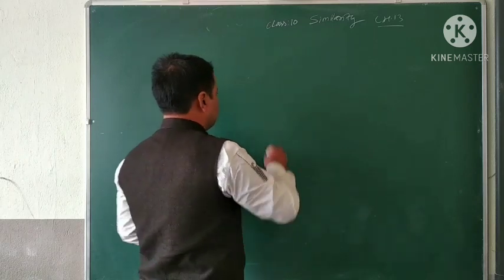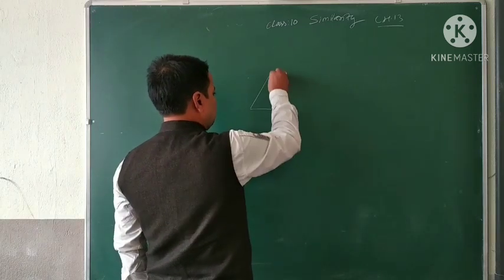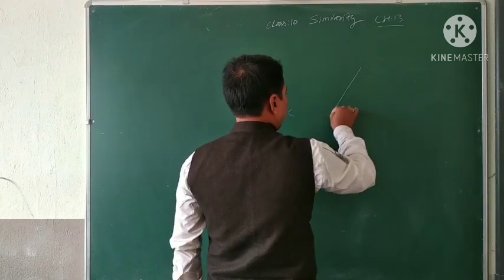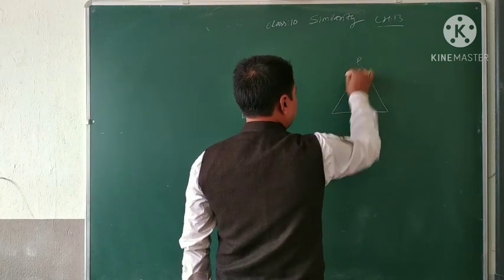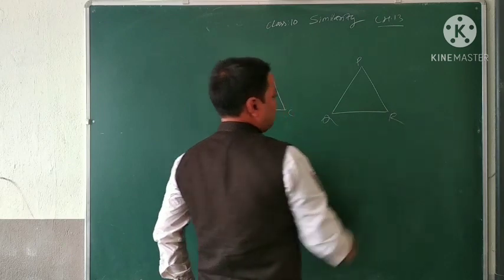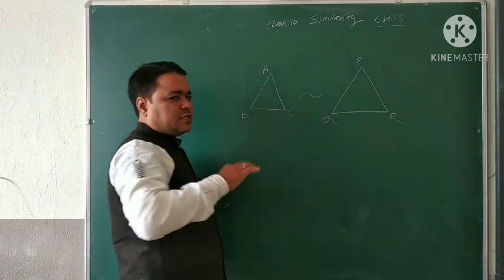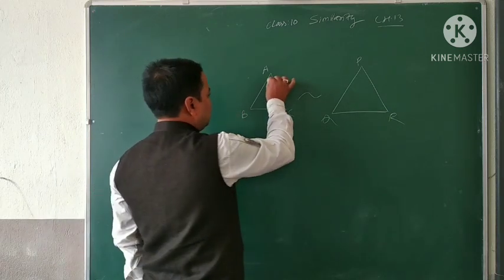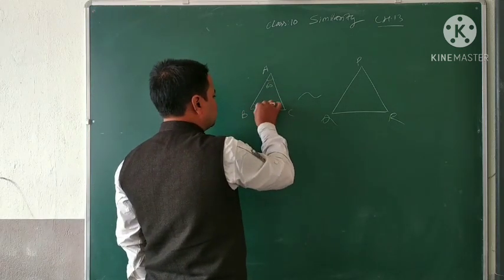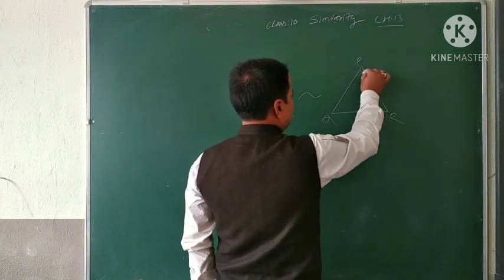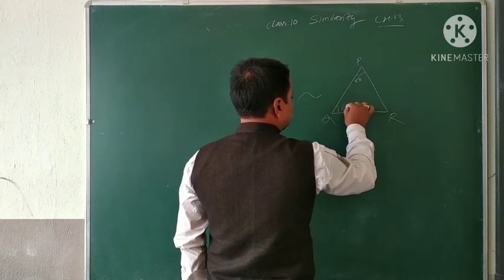Then on the basis of this, we can find that if we have two triangles ABC and PQR, and they are the same. Just like an equilateral triangle, 60 degree, 60 degree, 60 degree. Very simple example. 60 degree here, here also 60 degree.